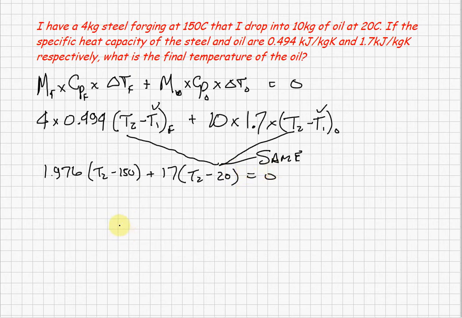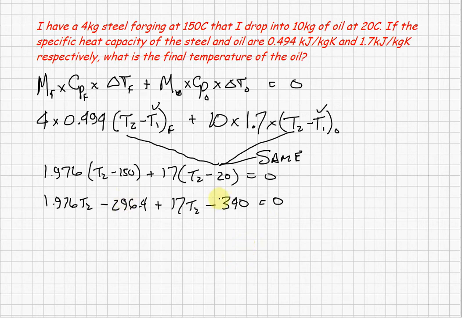And we know that that's going to be a negative number, and that's going to be a positive number, and we're perfectly fine with that. So let's now multiply this out. So 1.976 T2 minus 296.4 plus 17 T2 minus 340 equals 0.